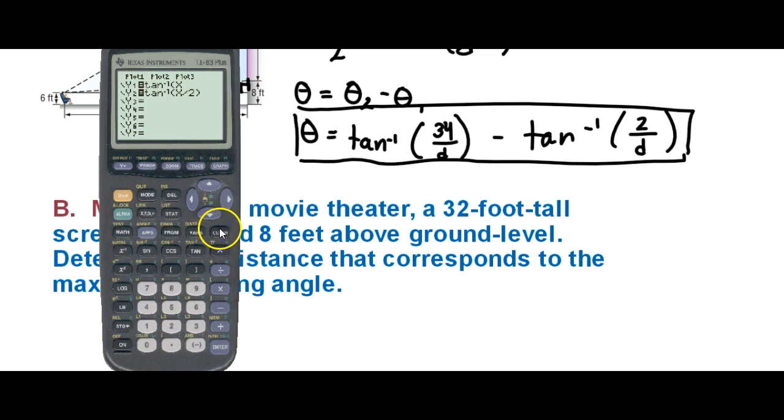Let me get rid of these old graphs here, and we'll put in inverse tangent of 34 over x, using the variable x, minus inverse tangent of 2 over x. And I'm going to try to zoom fit that. I'm not sure if it'll give me a good window or not.